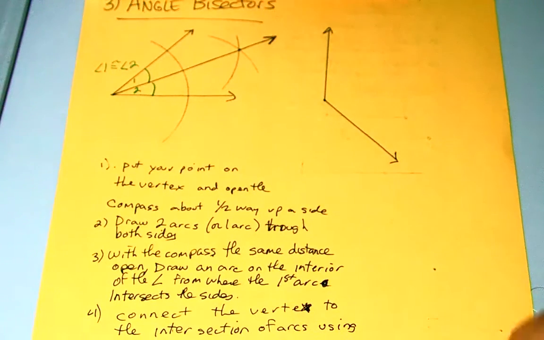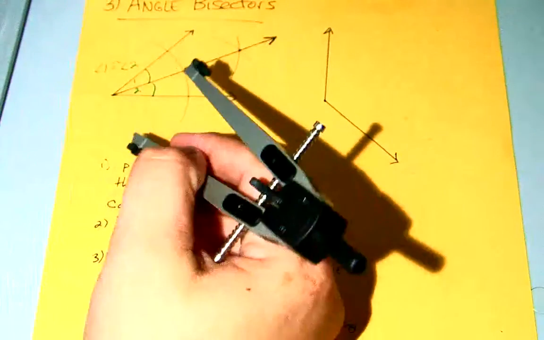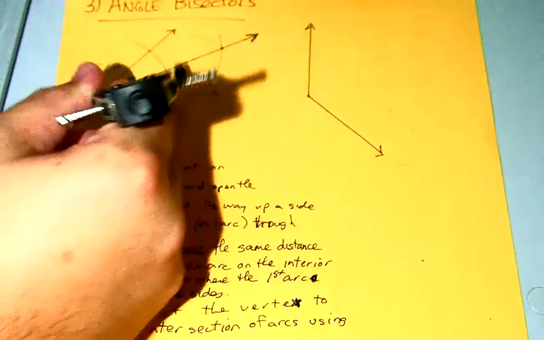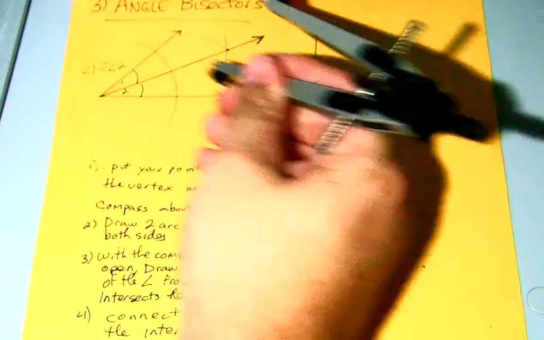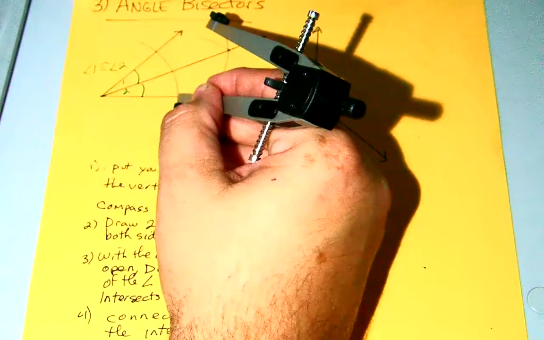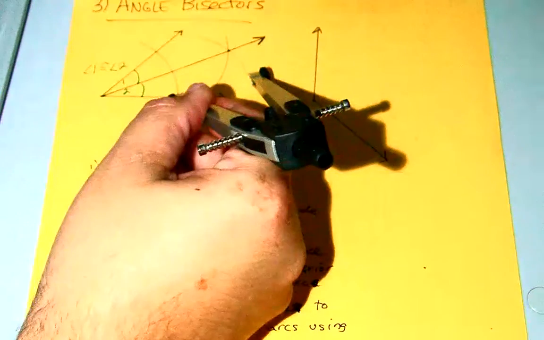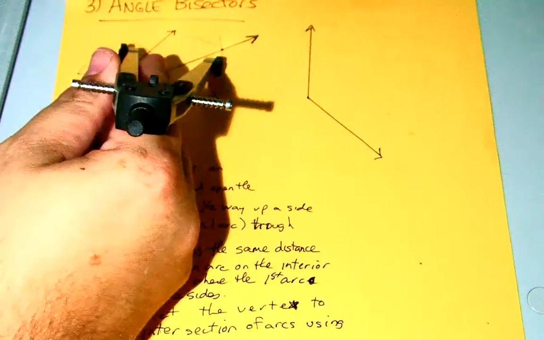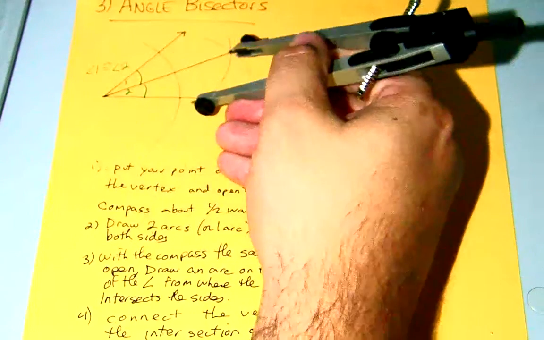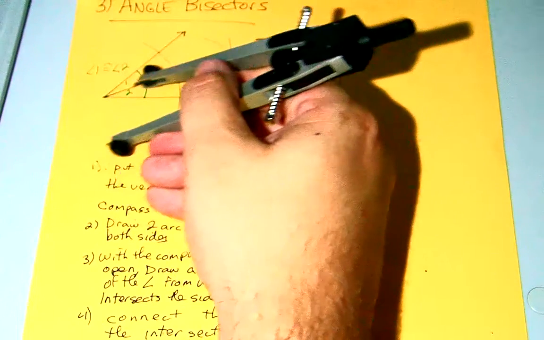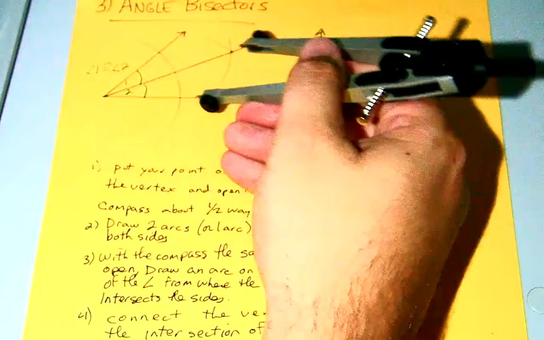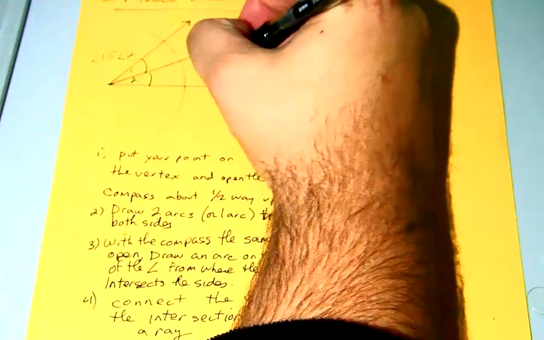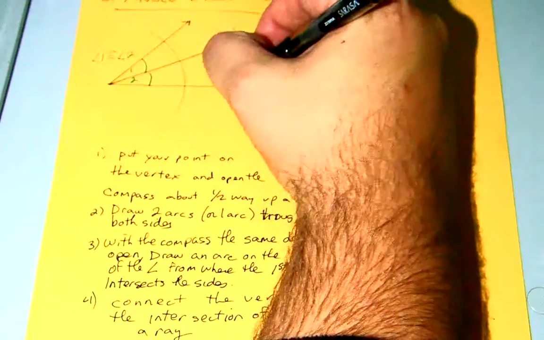So basically what you do is you open up your compass, you draw an arc to where it intersects the sides. You jump up to a point where the arc intersects the side, you draw an arc. You jump up to the second point, you draw another arc. Where they intersect and the vertex, if you draw from the vertex on, you've created your angle bisector.